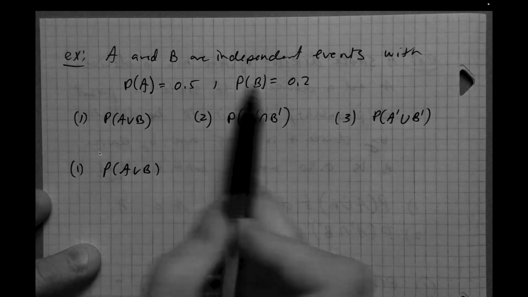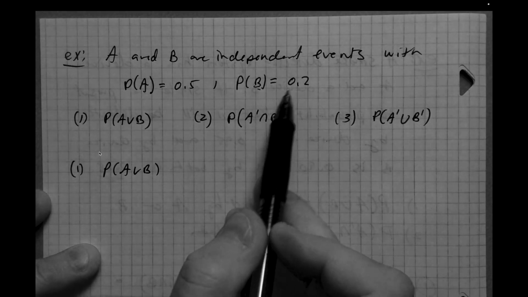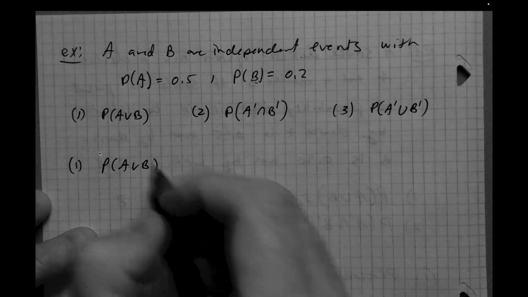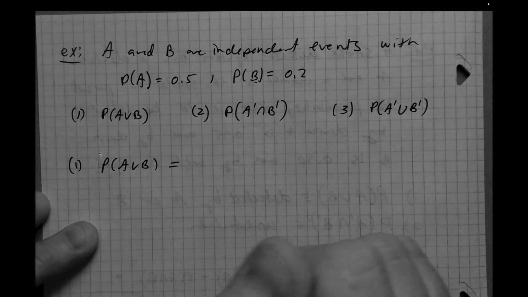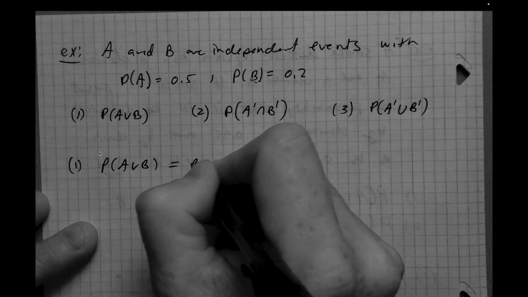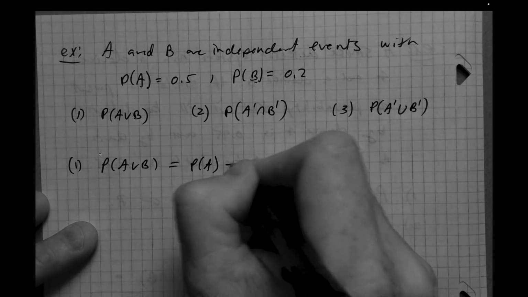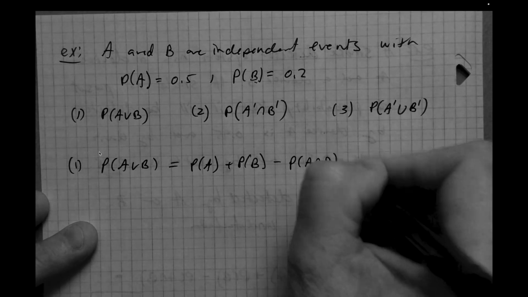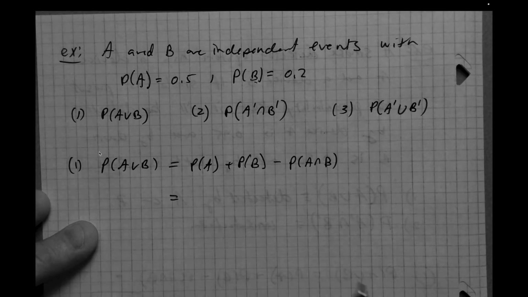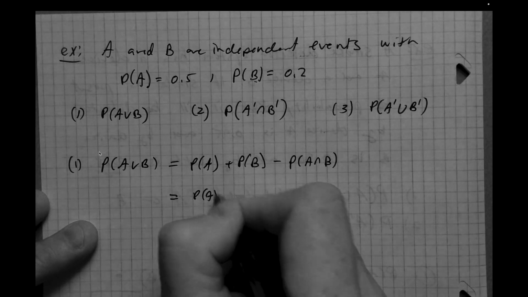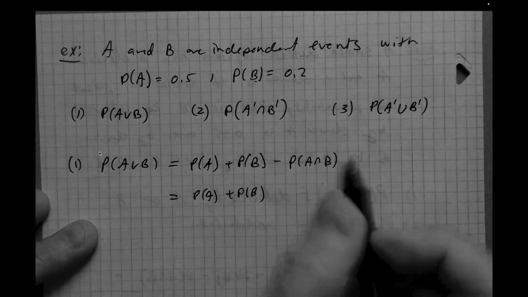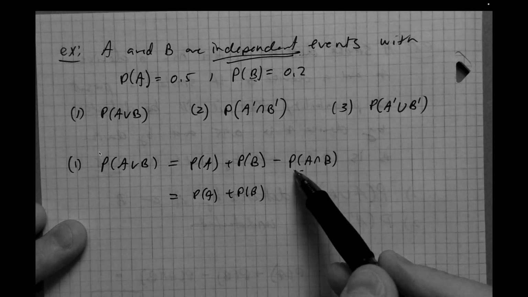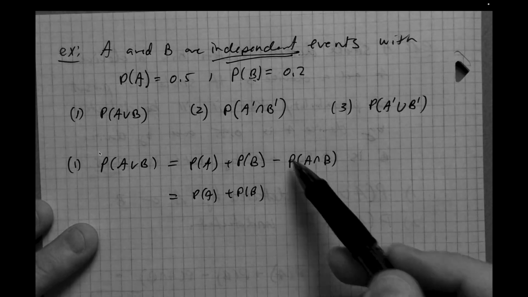We're given the probability of A and of B separately, and we know that they're independent. So what is this? This is equal to the probability of A plus the probability of B minus the probability of A and B. Because they're independent, the intersection is equal to the product of the probabilities, because of the multiplicative law.